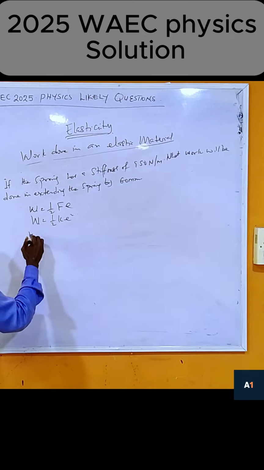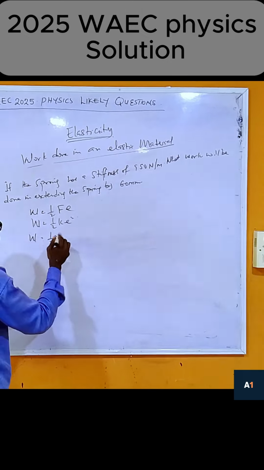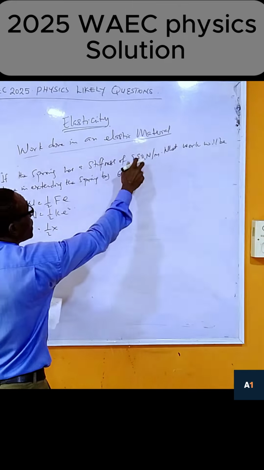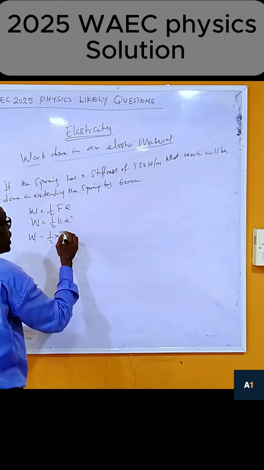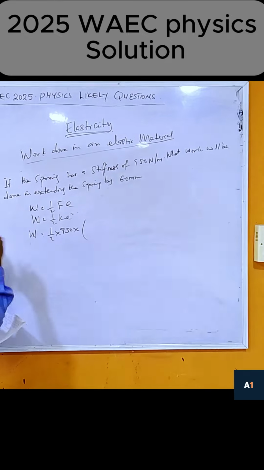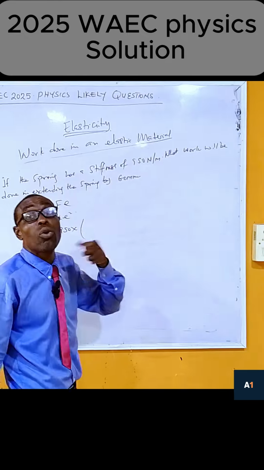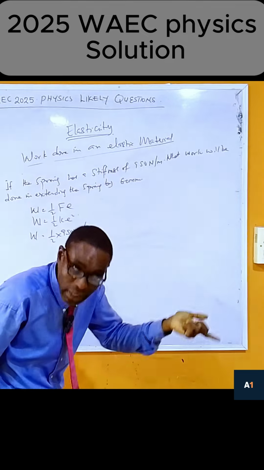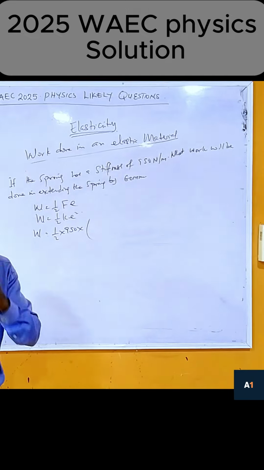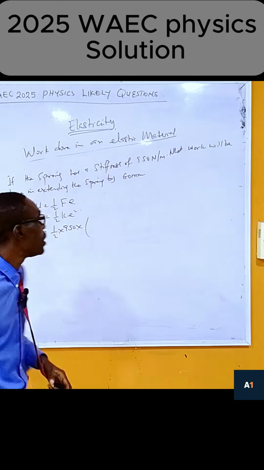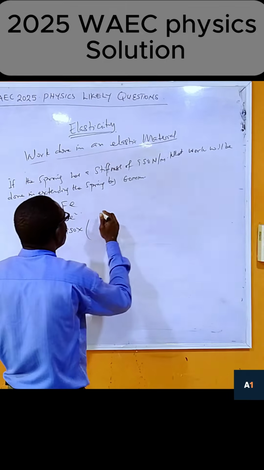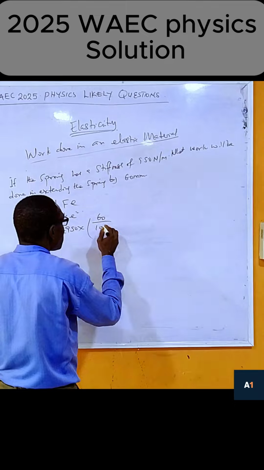That's half times the stiffness K, which is the constant equal to 950, times extension in open bracket, because we need to square. They didn't put it in meters, they said millimeter. 1,000 millimeter make 1 meter, so you have to divide this by 1,000 and square it.